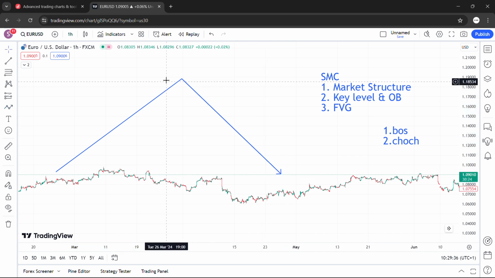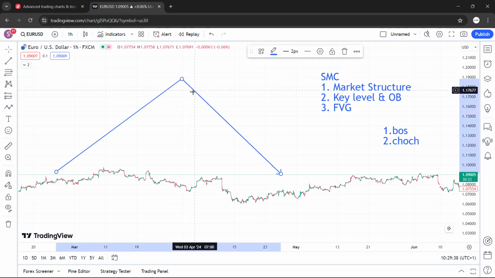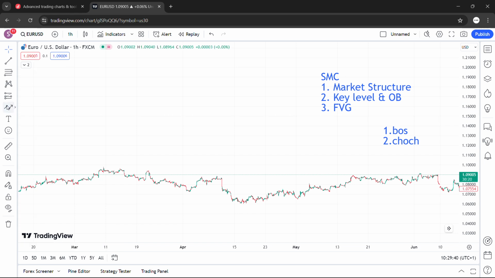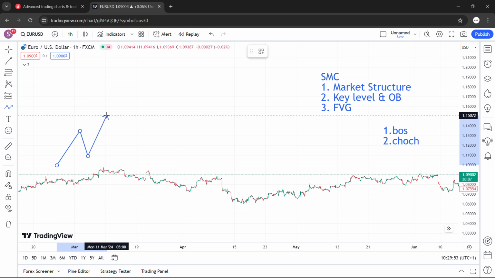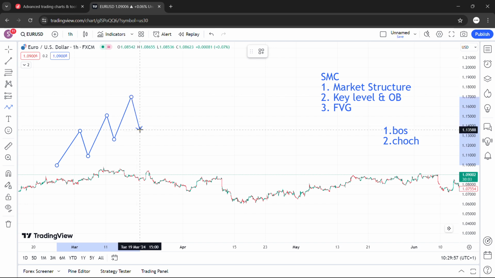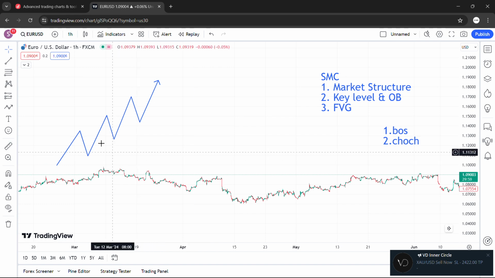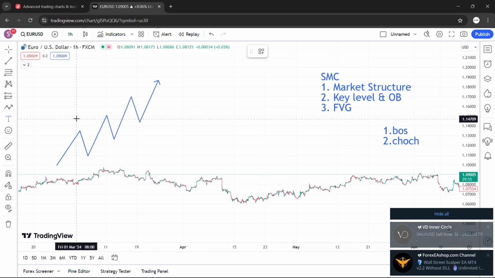So in an uptrend, candles create what they call higher highs and higher lows. What I'm talking about is the candle goes up, creates a high, then creates a higher low, then a higher high, higher low, higher high, higher low, and so on and so forth.